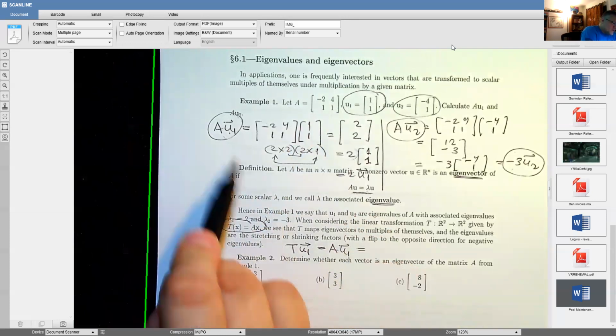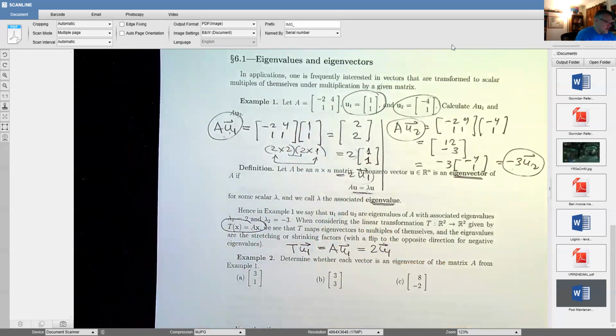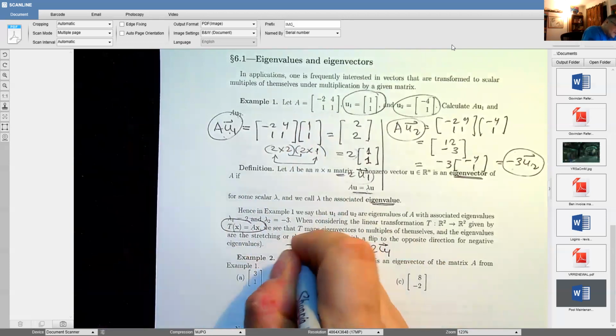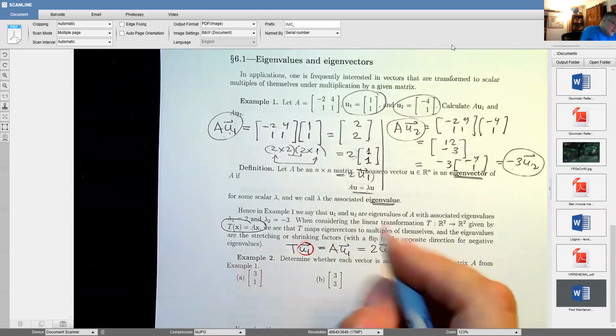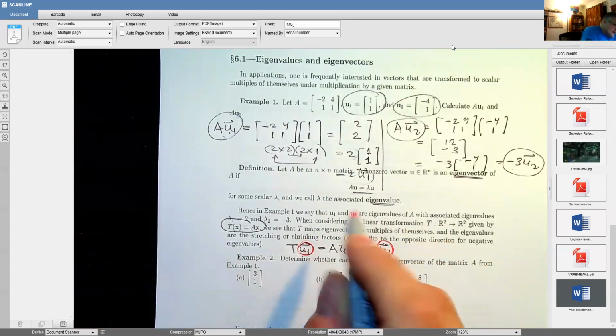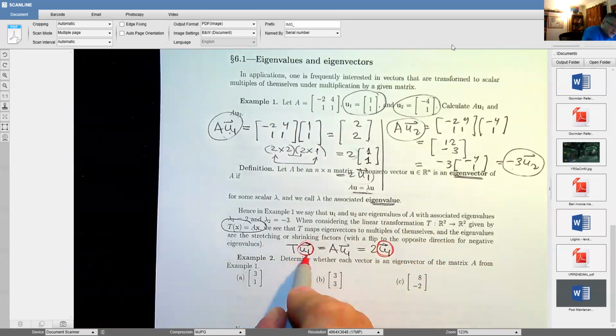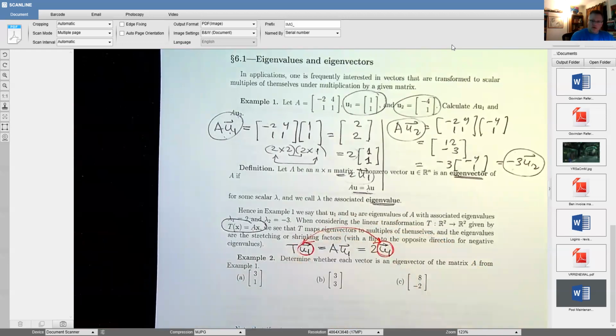But what we found was that that was equal to 2u1. So what this tells you is that if the input of your linear transformation is an eigenvector, the output is a scalar multiple of that eigenvector. A linear transformation takes an eigenvector to a multiple of itself. That's how it acts, in essence.